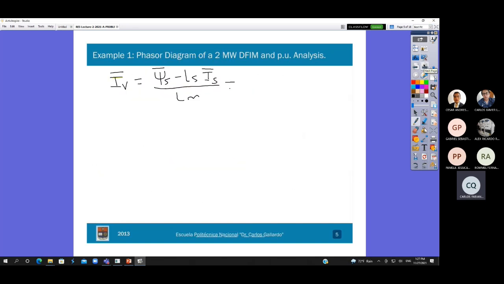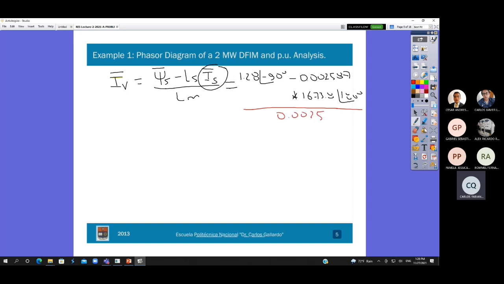Okay, so substituting the values, I will have 1.28 with negative 90 degrees, minus 0.002587 times the stator current, 1673.8 with 180 degrees, over the magnetizing inductance 0.0025.